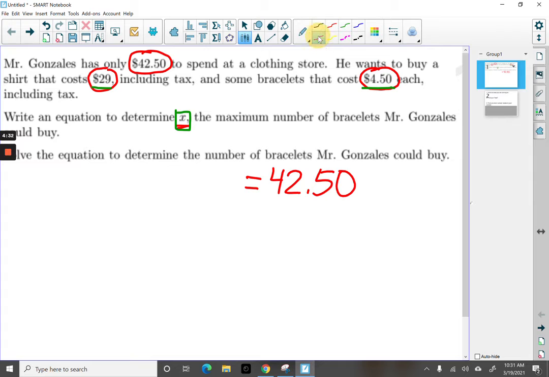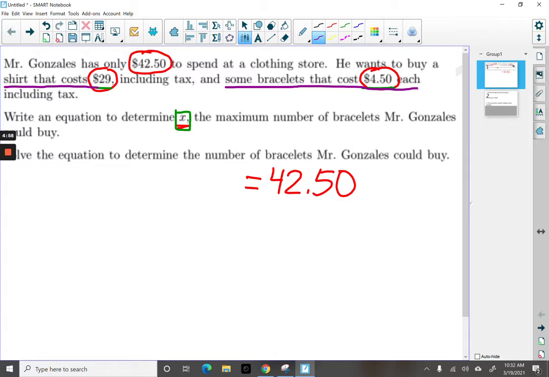This first number right here, this 29 that I have not included yet, is the cost of a shirt. That has nothing to do with X, the maximum number of bracelets, so I'm going to ignore that for right now. And we also have this $4.50, which, it says, some bracelets that cost $4.50 each. Perfect. Awesome.